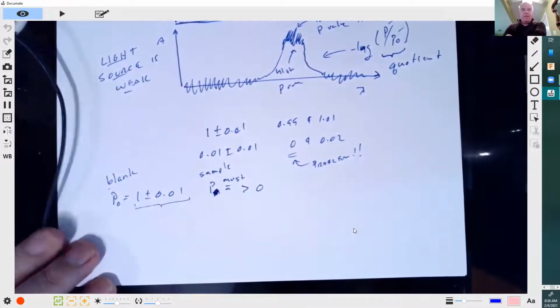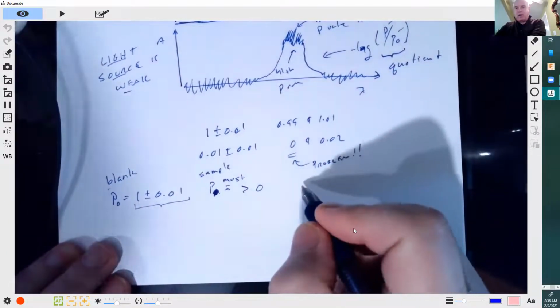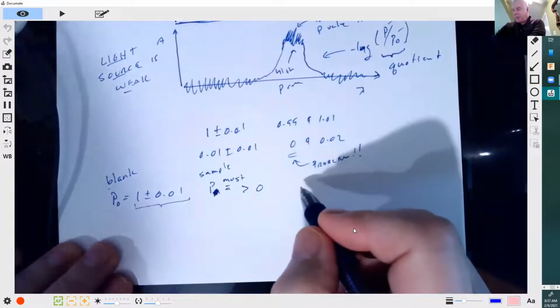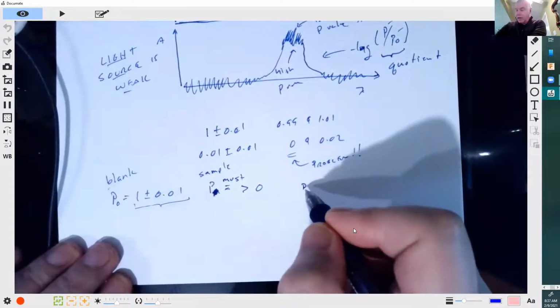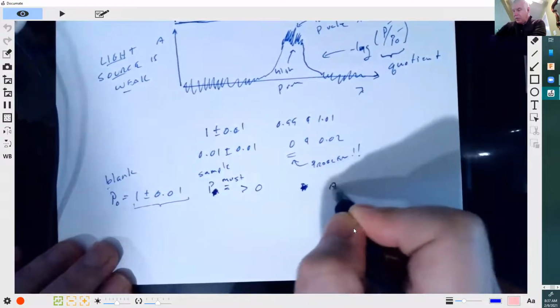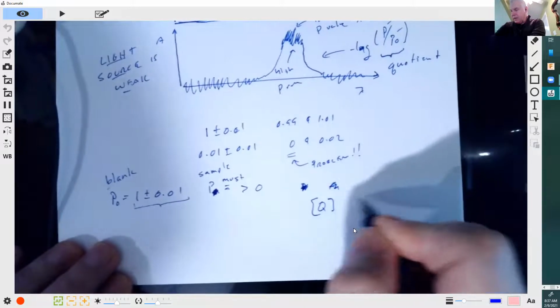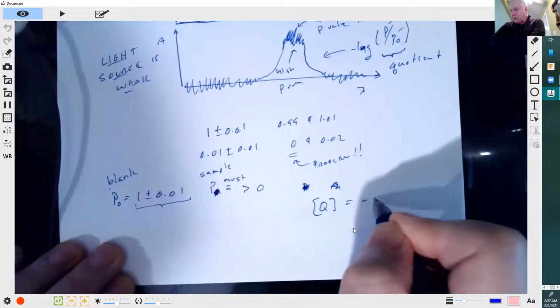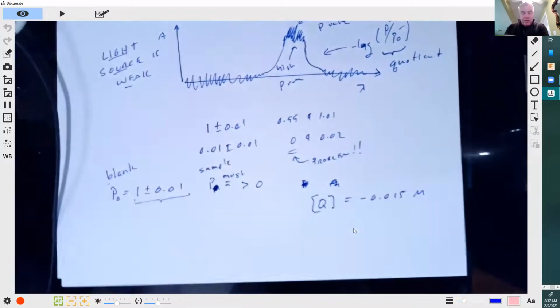What do we say? Let me just take a quick side here so I can get a little feedback. If the concentration of, let's say, a molecule Q is equal to minus 0.015 molar, how would we describe that situation?